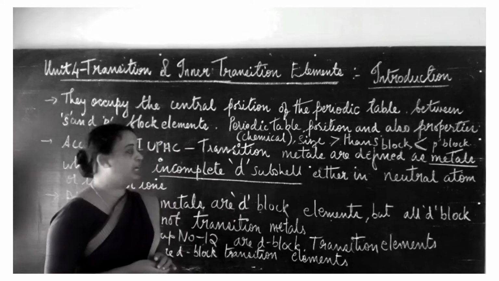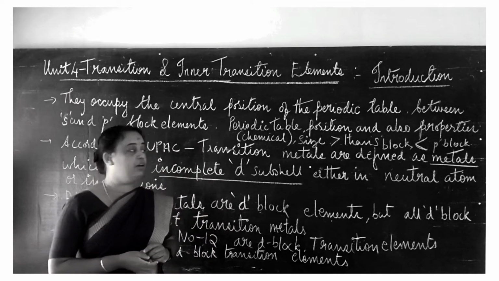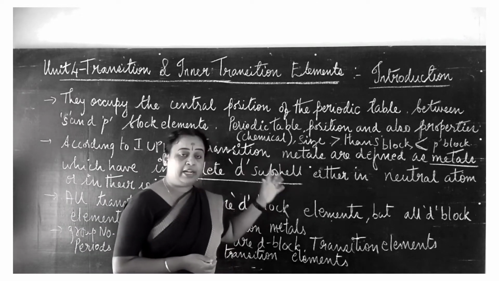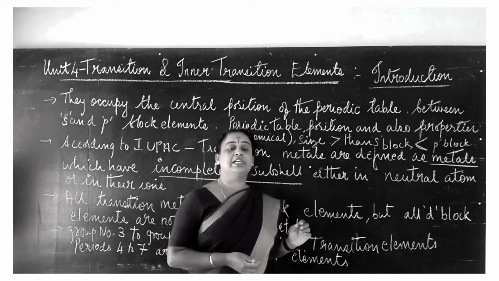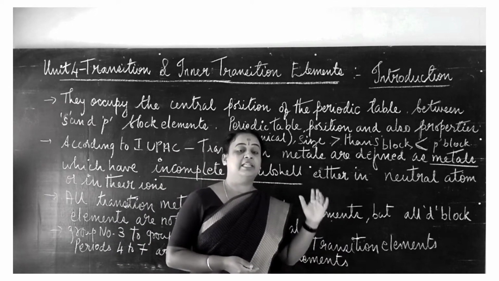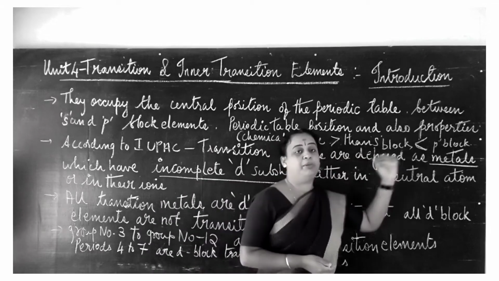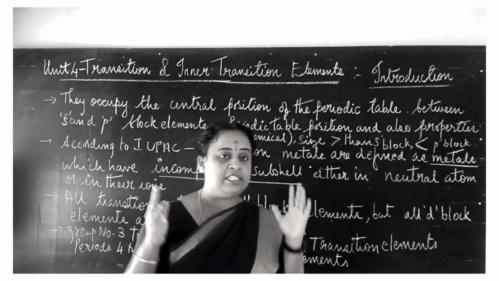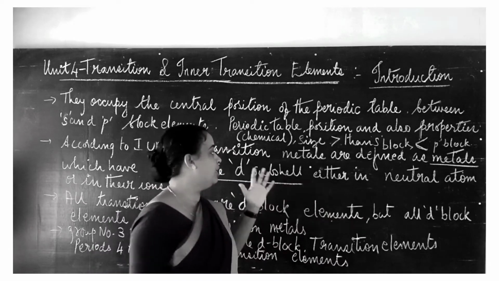When compared to the size of the elements of S block and P block, the size of the D block elements, that is the transition elements, will always be less than that of the S block elements, and also less than that of the P block elements. That's why the D block elements come in between the S block and P block elements, and these D block elements are nothing but your transition elements.